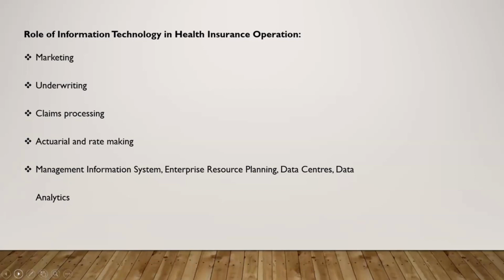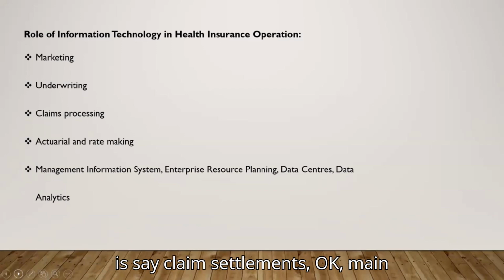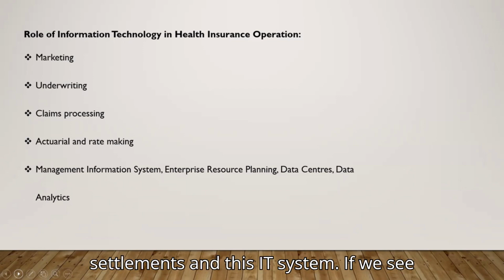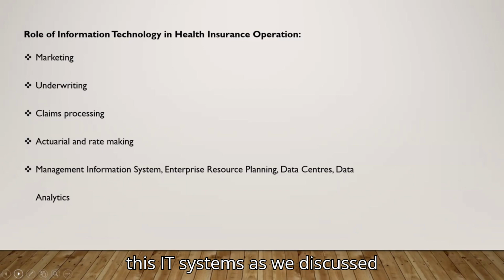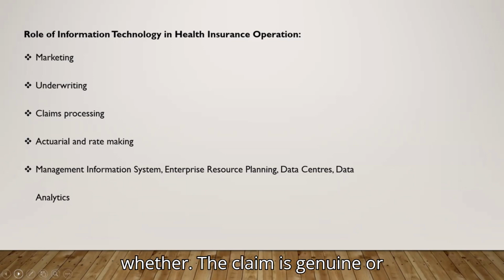In this claim process, the main thing we will see here is claim settlements. And these IT systems, as we discussed, are effective mainly to determine whether the claim is genuine or not, whether it is fraud, whether the claims are payable. Everything is calculated with the help of information technology.